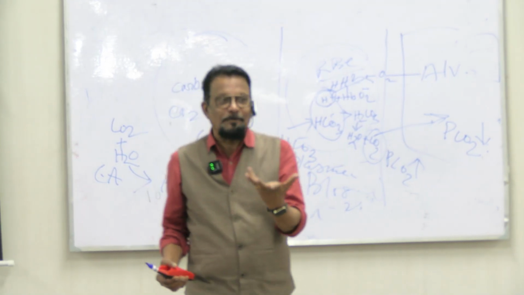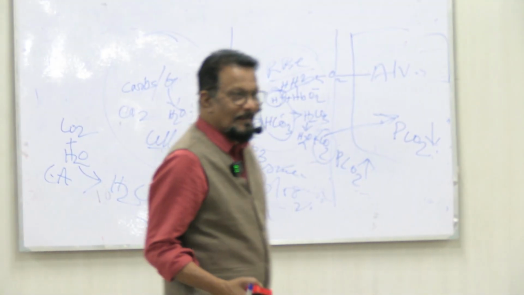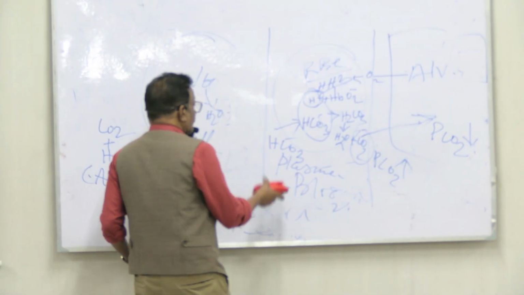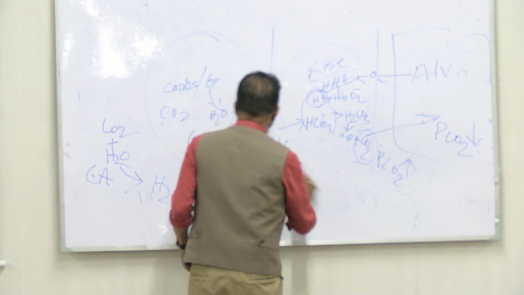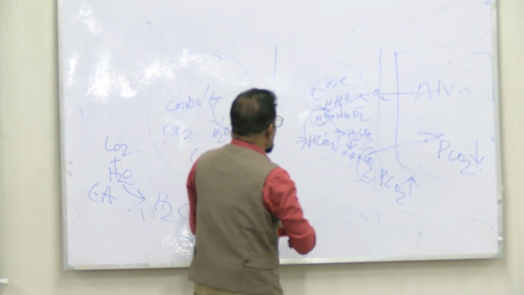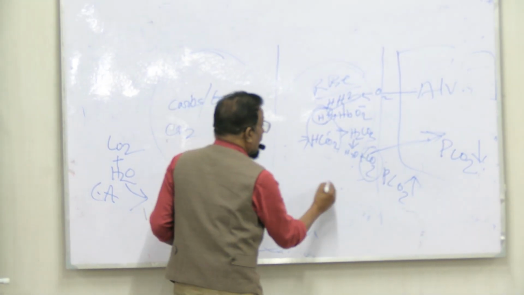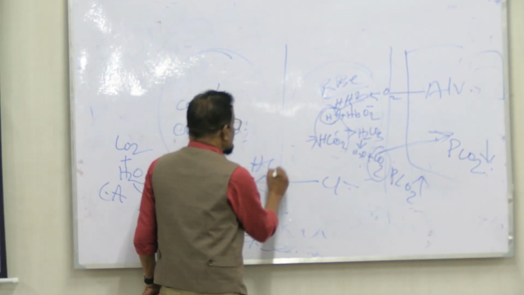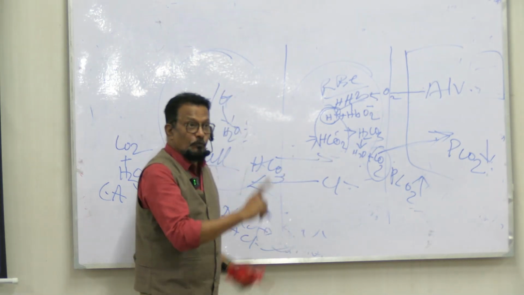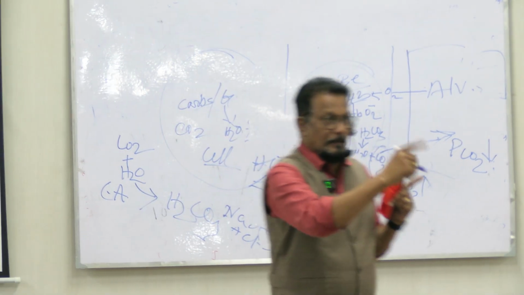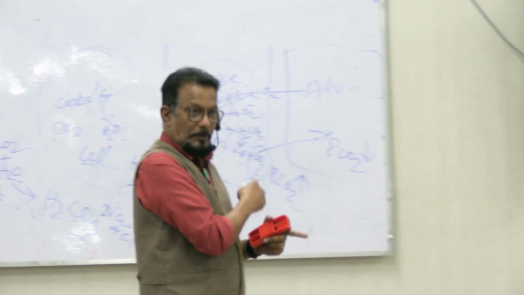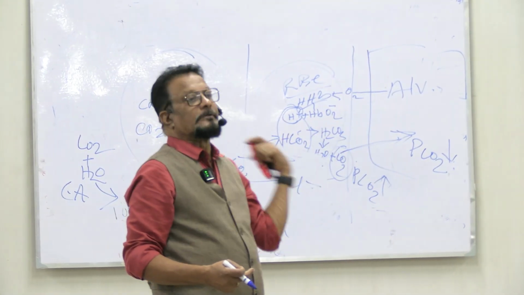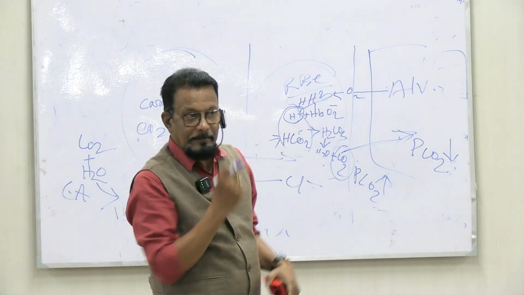The problem of hydrogen ion is gone, it is converted into water. Here the chloride ion which had entered will now come back out, because HCO3 is entering, no? If one HCO3 enters, one has to come out, which has previously entered. Now they will be coming out in exchange for bicarbonate ion.